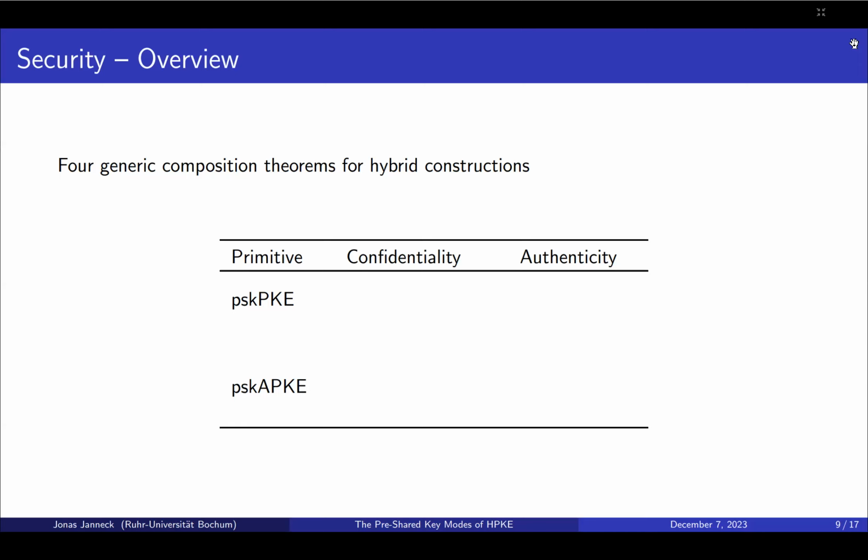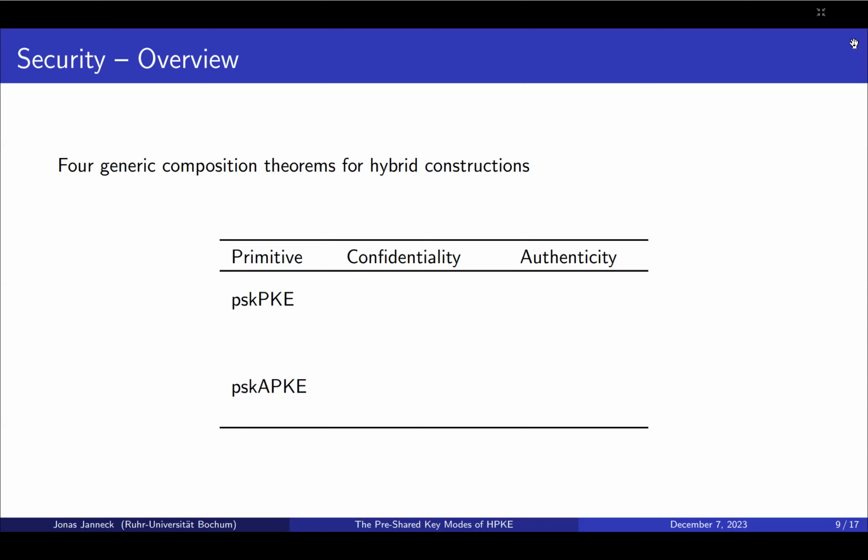And for the authenticated PSK variant, the notion is similar. Here we have this insider-outsider model again, similar to the previous paper from Eurocrypt. We can also show insider CCA security for confidentiality and this outsider notion for authenticity. Also the same attack applies to this PSK.